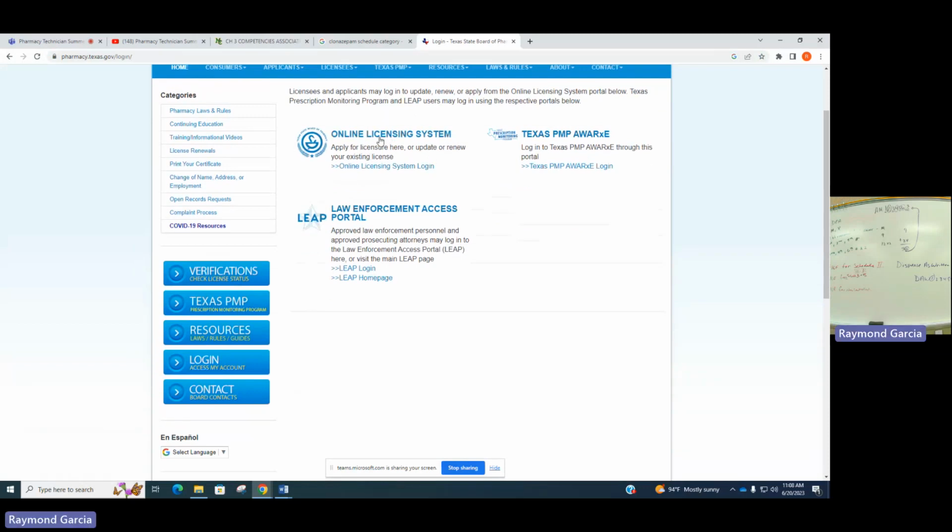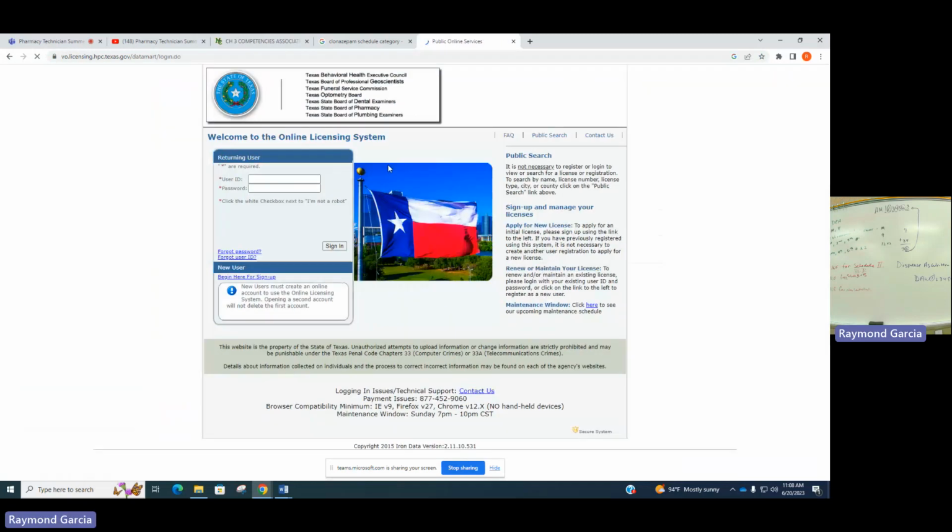You'll have to get into the online licensing system here, and this won't be till closer to November. And you'll sign up here, so you'll fill out some information, and then you'll be able to log in.